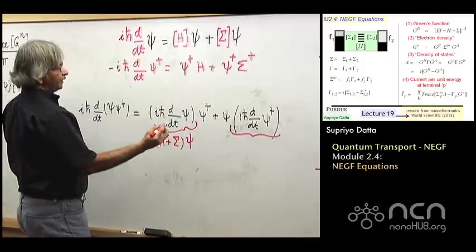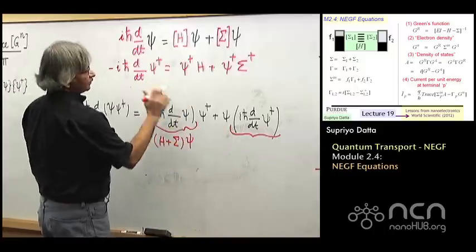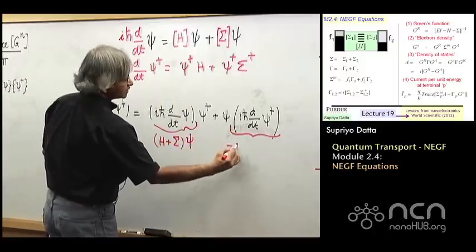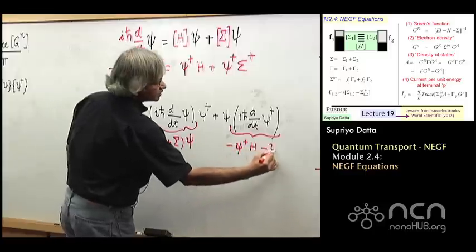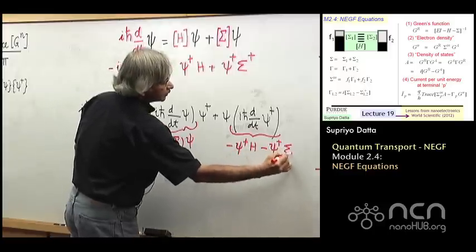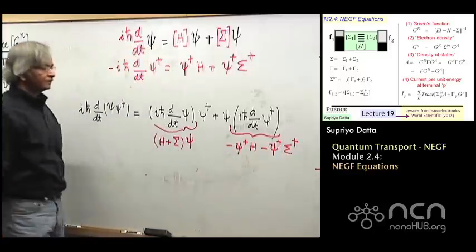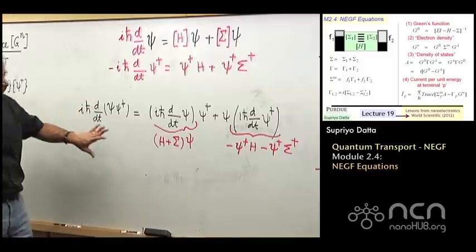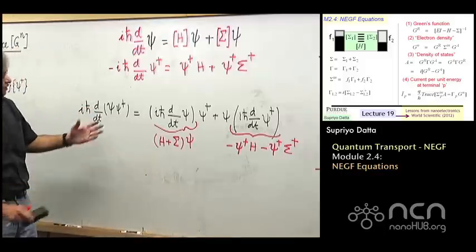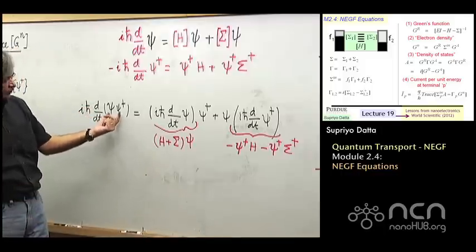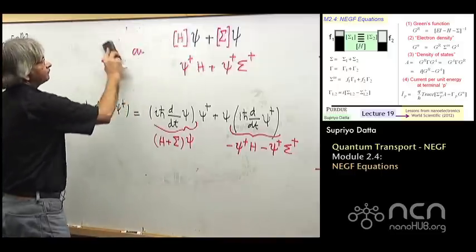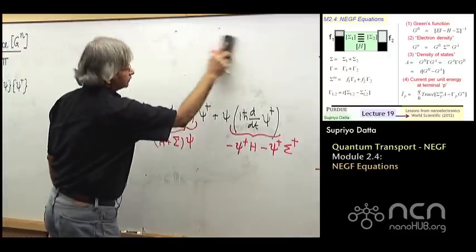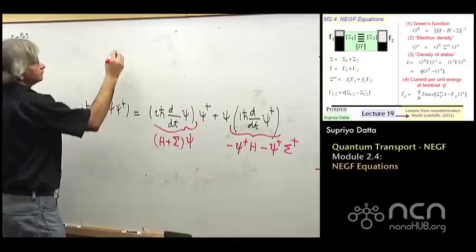So what you'd get then is, instead of this, minus psi dagger H minus psi dagger sigma dagger. So what we have then is this expression for d/dt of psi dagger. I can take this off from here and write it up here.